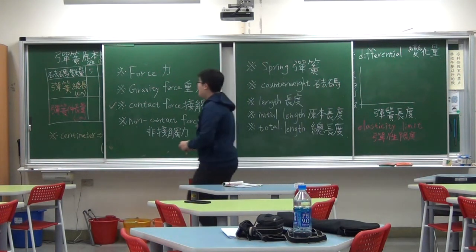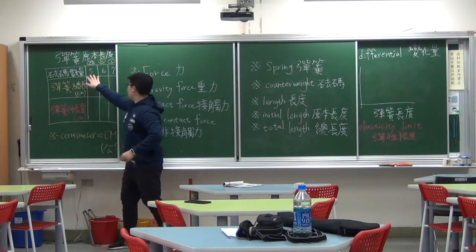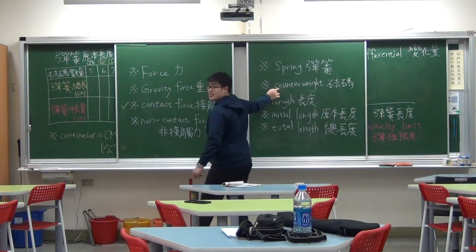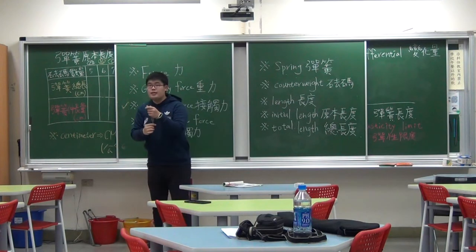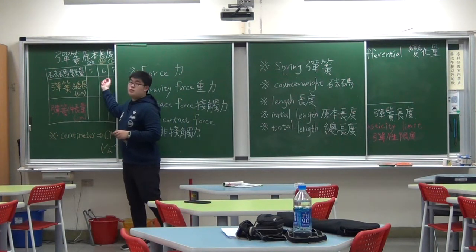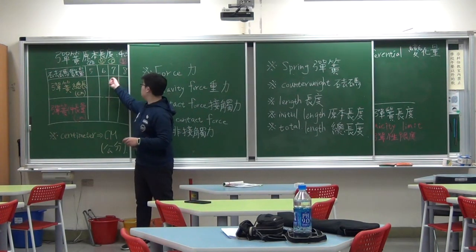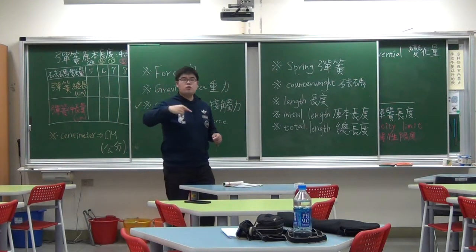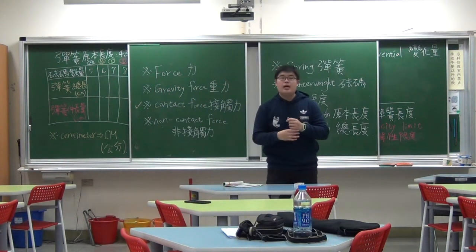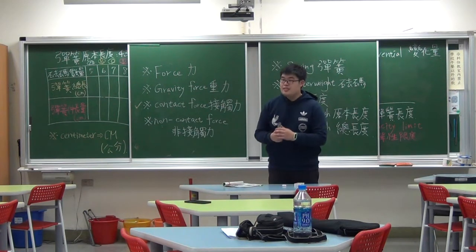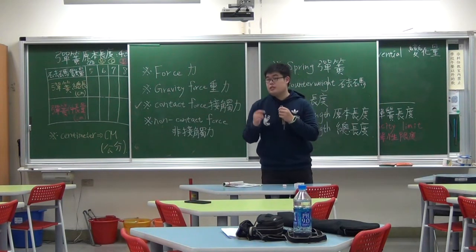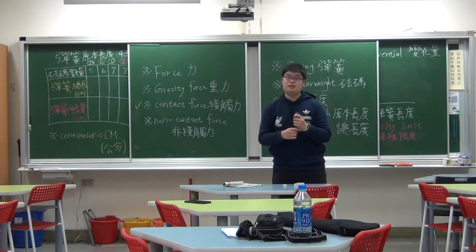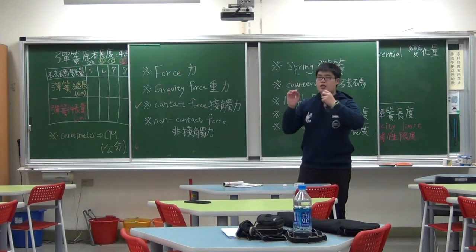Group A has to put 5 counterweights under the spring. Group B 6, Group C 7, Group D 8. Now we have 10 minutes to do the experiment. You guys ready? Excellent. Time's up.